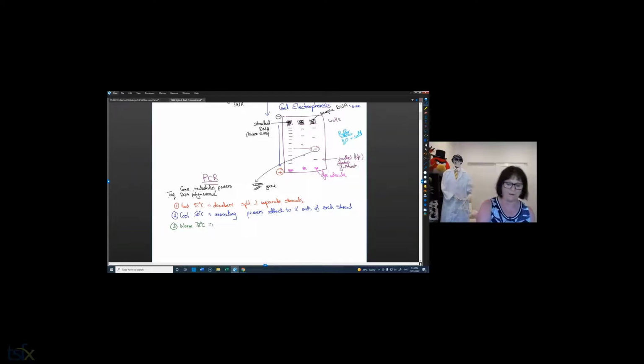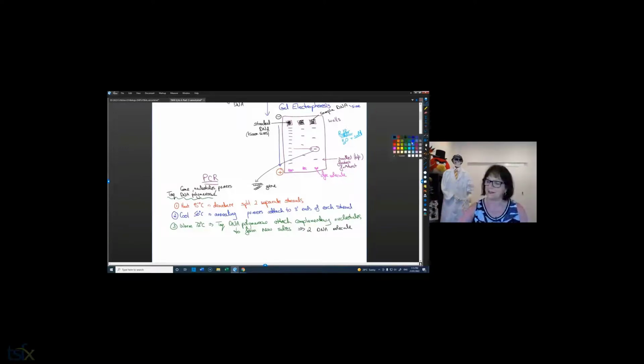And this is where our magical enzyme, the Taq DNA polymerase, will do its job, where it's going to attach complementary nucleotides to form the new sides, and therefore we're going to have 2 DNA molecules from each one DNA molecule that was put in.